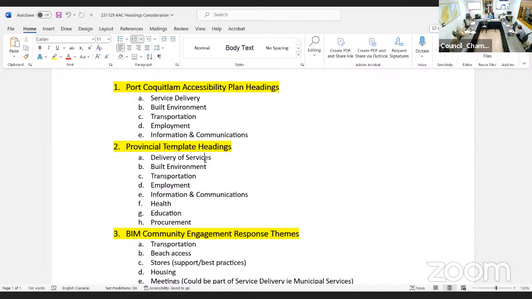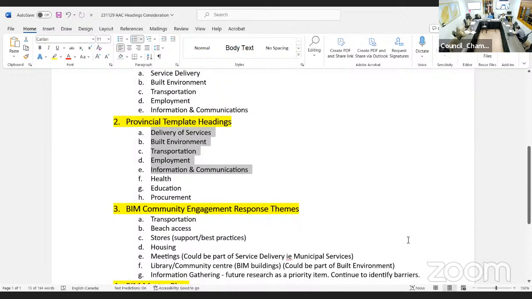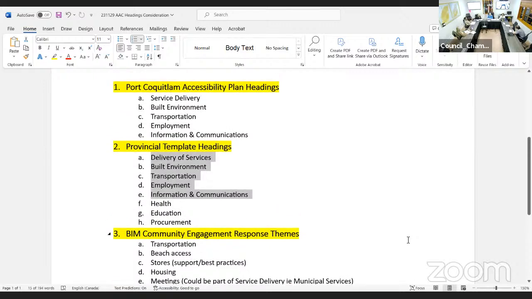If we're looking at the headings relating to Port Coquitlam, the province and BIM, there's community engagement. That's what we got out of our investigations. The main ones seem to be transportation, employment, information and communications, and maybe housing.